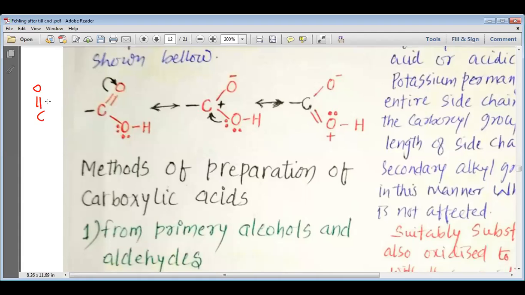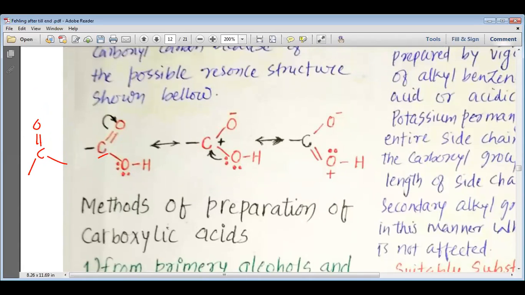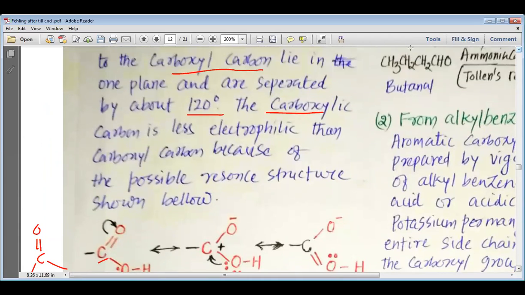The carbonyl carbon present in aldehydes and ketones is comparatively more positive, but in a carboxylic acid group, this carbon is comparatively less positive, and due to that, the attack of the nucleophile is a little more difficult. You can see here that the carboxylic carbon is less electrophilic than the carbonyl carbon because of the possible resonance structures.